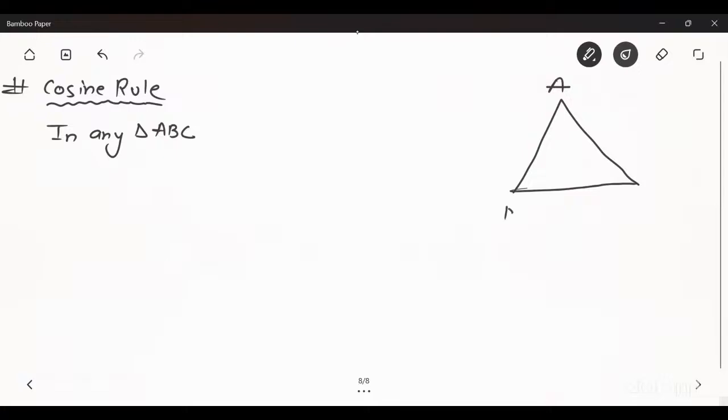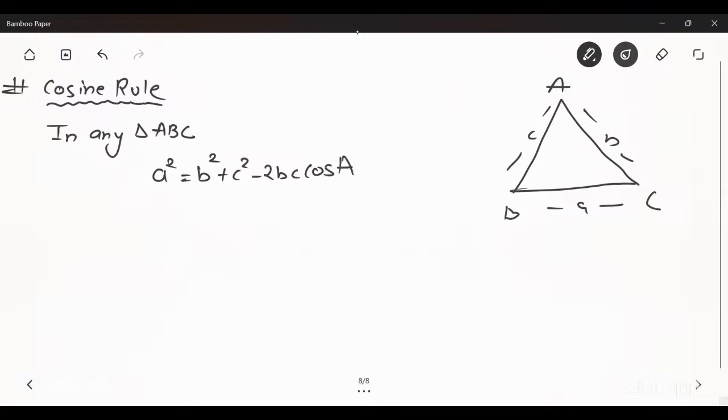This was angle A, B, C. Side opposite to angle A is a, side opposite to angle B is b, side opposite to angle C is c. So in any triangle ABC, a square is equal to b square plus c square minus 2bc cos A.